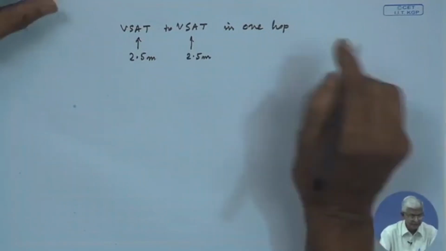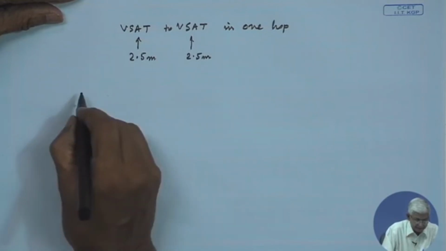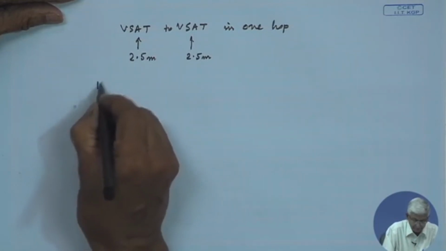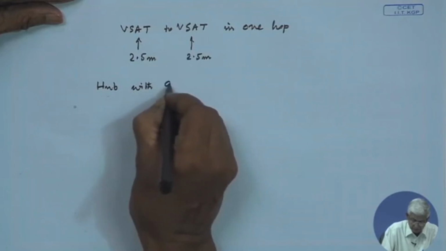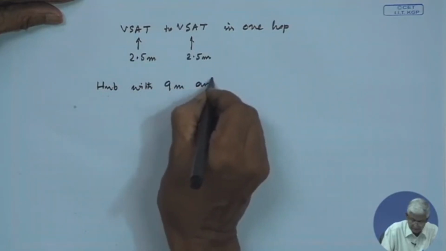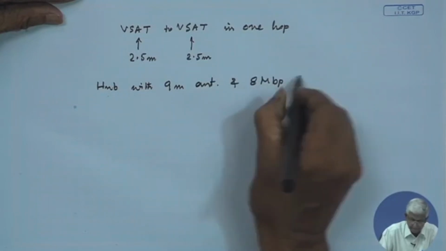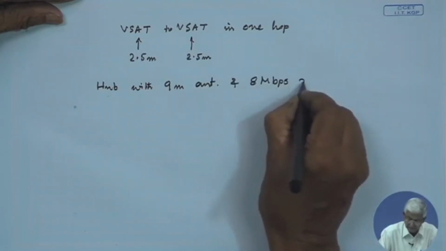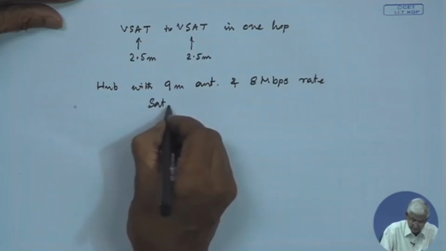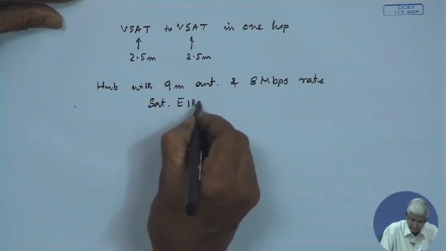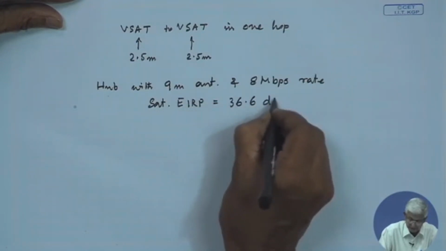by a satellite. Let us take those number, that is hub with 9 meter antenna and 8 Mbps rate. The satellite EIRP we have already calculated as 36.6 dBW.